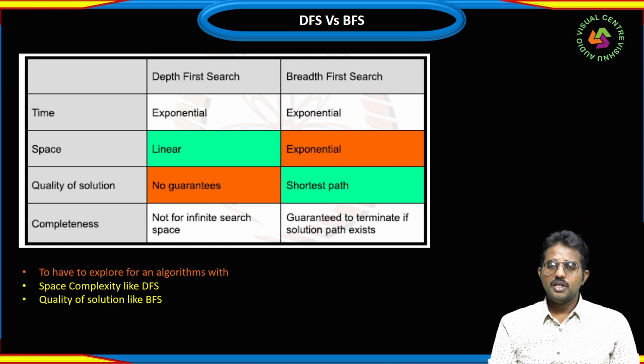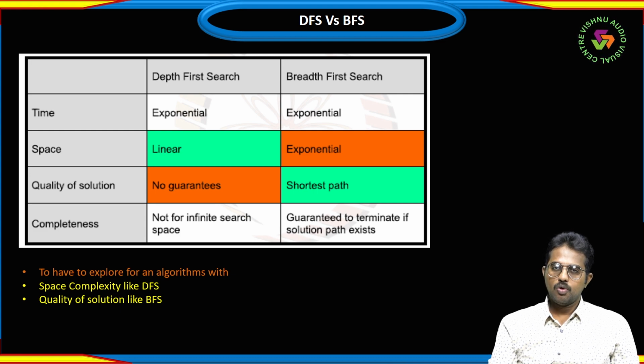And BFS will guarantee to give the solution, and whatever solution it returns is the shortest path, that is, an optimal solution. So keeping these things in mind, we have to explore other algorithms which exhibit lower space complexity like DFS, and which also return the optimal path, or are complete like BFS.